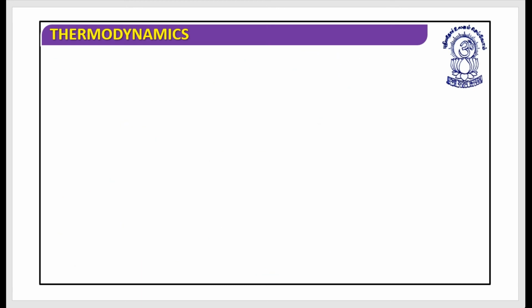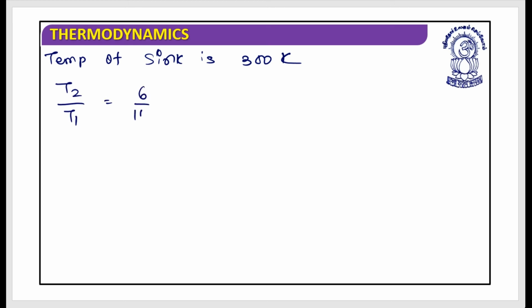Now we know that the temperature of the sink is 300 Kelvin. As per the first relation, T2 by T1 was equal to 6 by 10, within which T2 is 300 Kelvin. So 300 divided by T1 is equal to 6 by 10, and T1 is equal to 500 Kelvin.